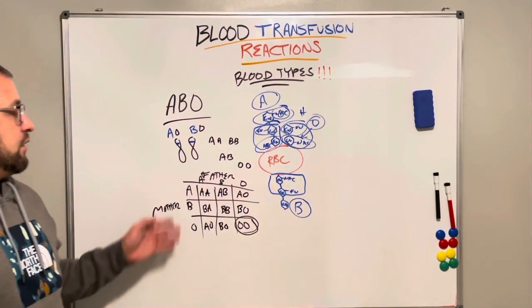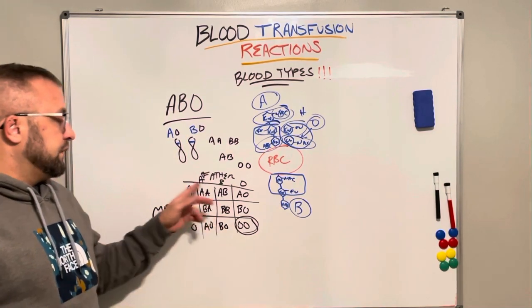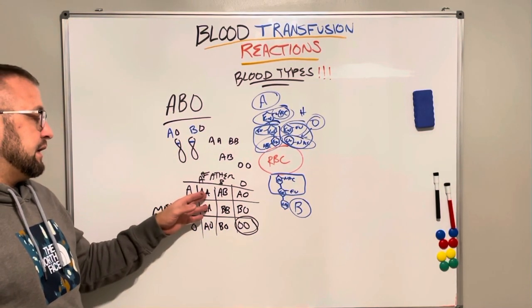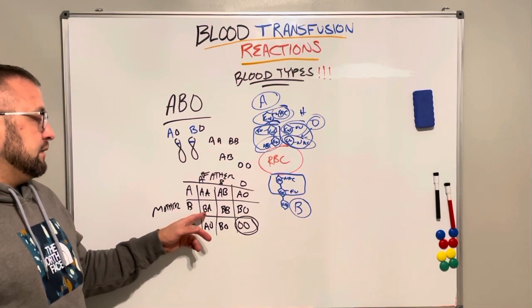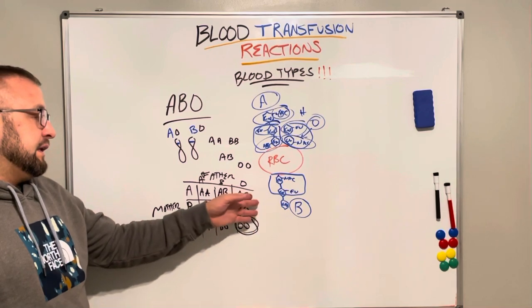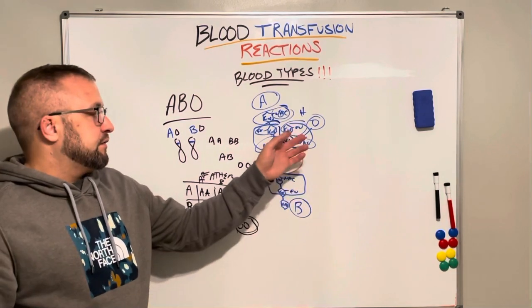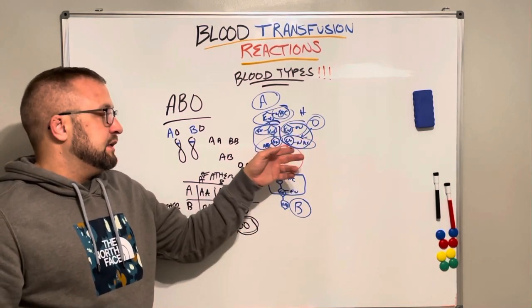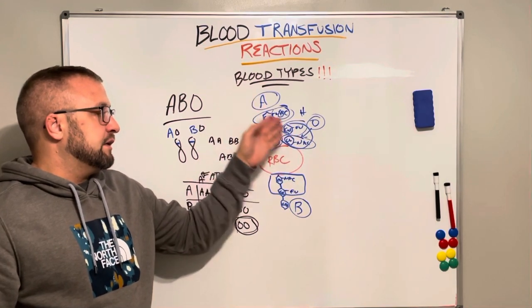So this is how genetically we end up with these different blood types. We can have A, we can have AB, and we can have O. Now, anytime there's an O with an A, due to the fact that O is the base of these, that just means that we have an A and an O together.